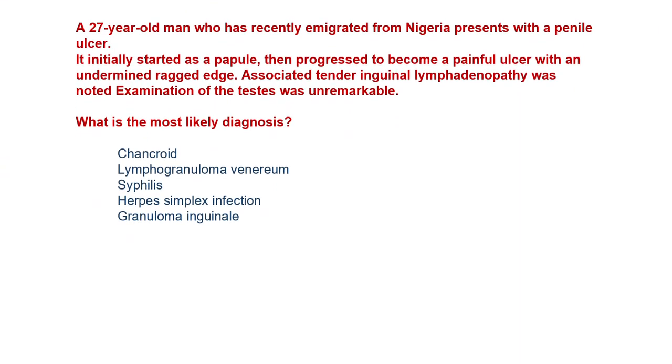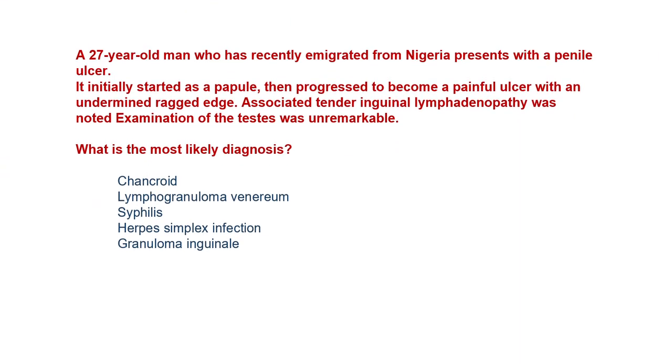Next question is, a 27-year-old man who has recently immigrated from Nigeria, again this is Africa. He presents with penile ulcer. He didn't mention if it's painful or painless. He didn't mention dimensions. He didn't mention number.